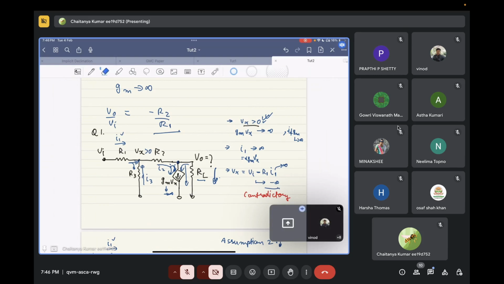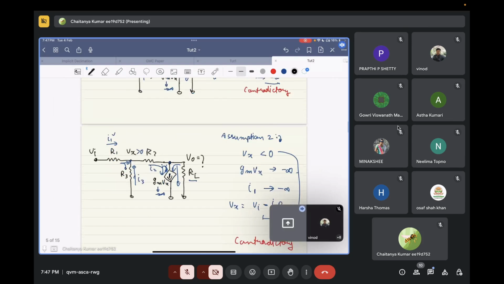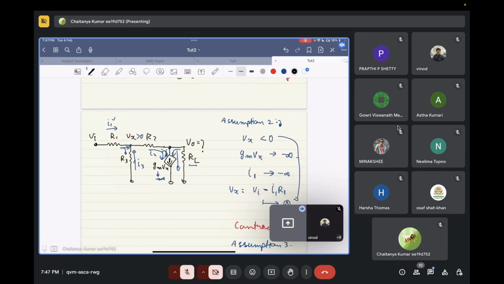Correct. So in whichever direction we assume Vx to be, our circuit is trying to push Vx in the opposite direction. The same thing happened in assumption 2. If Vx was assumed less than 0, the circuit, basically this Gm, tried to pull up the voltage to go to positive infinity.